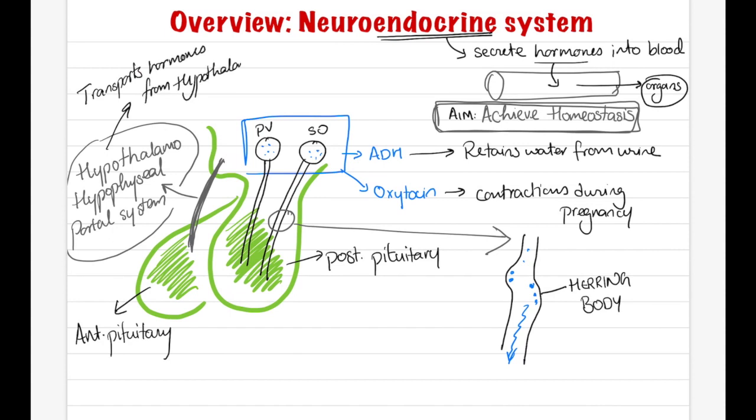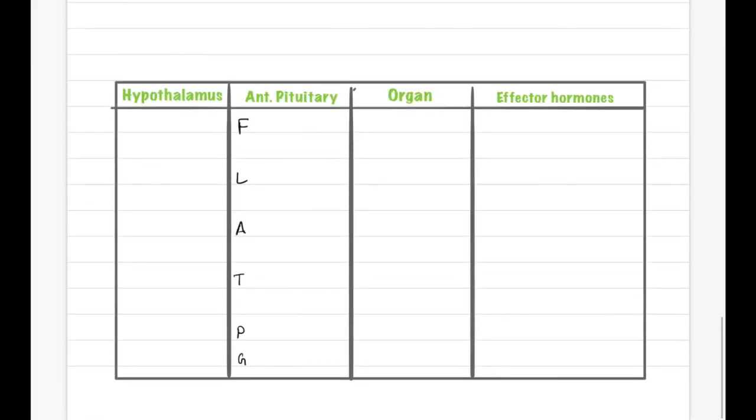So all the releasing hormones which the hypothalamus produces to activate the hormones from the pituitary will be moved through this hypothalamo-hypophyseal tract.